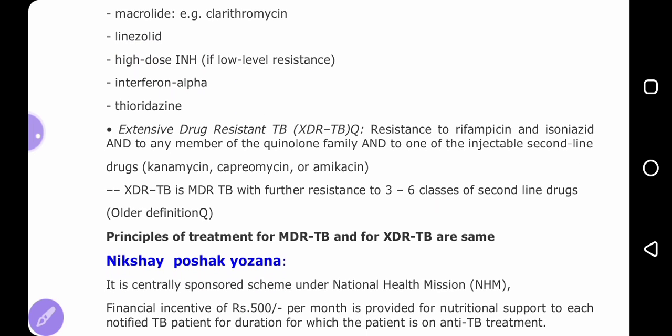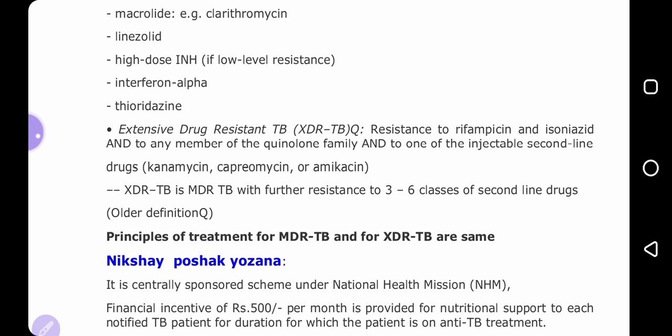In extensively drug resistant TB cases, XDR TB, what will be called XDR TB? That is resistance to rifampicin and isoniazid and to any other quinolone family or to any one of the injectable second line drugs like kanamycin, capreomycin or amikacin. So these patients can be called as XDR TB patients, which involves the resistance of rifampicin, isoniazid, plus who has developed resistance to a quinolone family member or injectable member also.